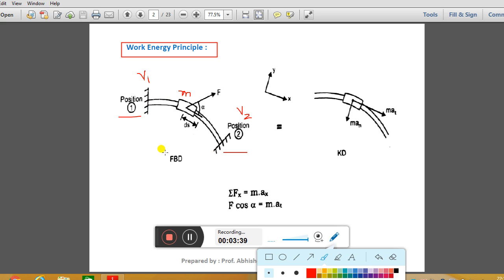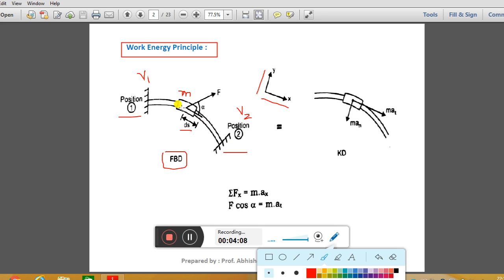So this is the free body diagram. What is ds? ds is the small arc length traveled by the collar in time dt. This is the x direction and this is the y direction.